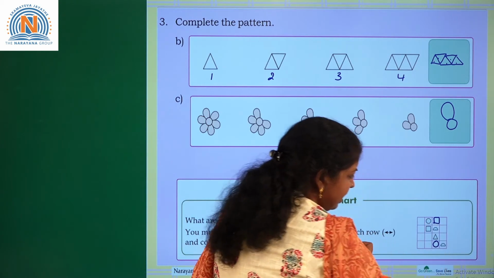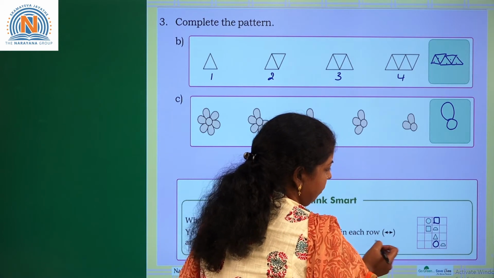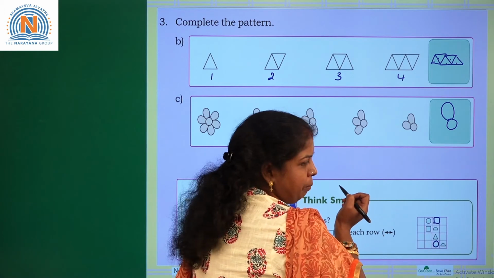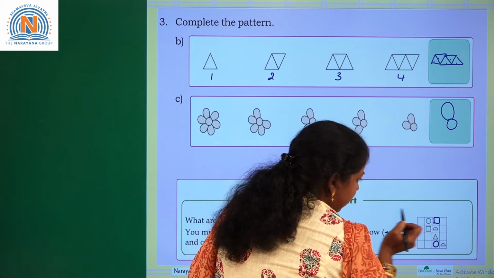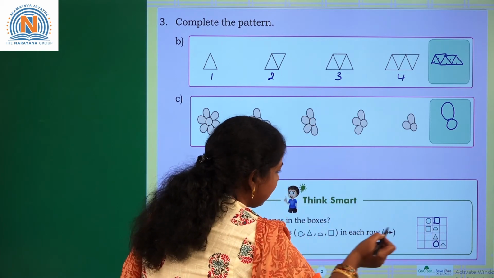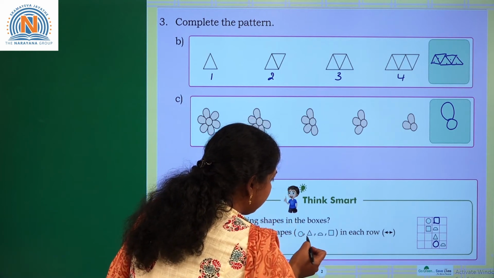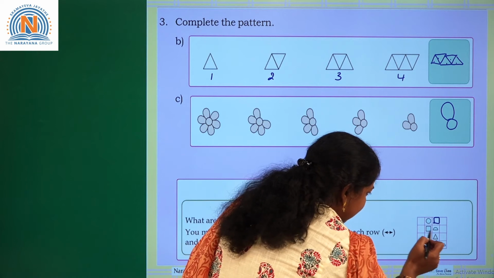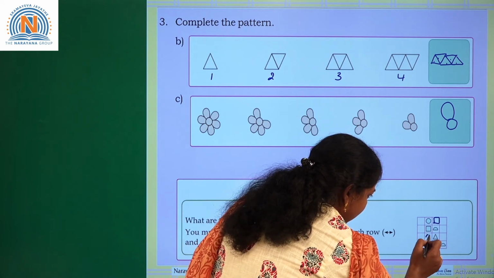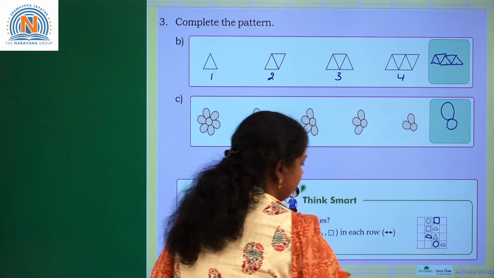So I am filling this last grid with circle. So this entire column was completed. And if you observe in the next one, circle and square are there, right? Circle and square are there means what are remaining? Triangle and semicircle remained. Triangle is already there. So I will draw semicircle here.